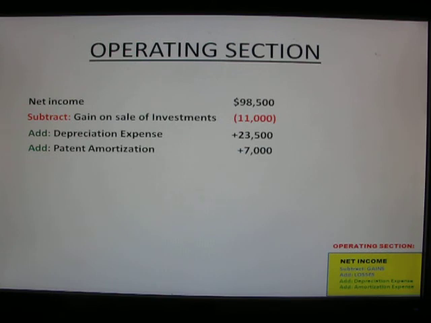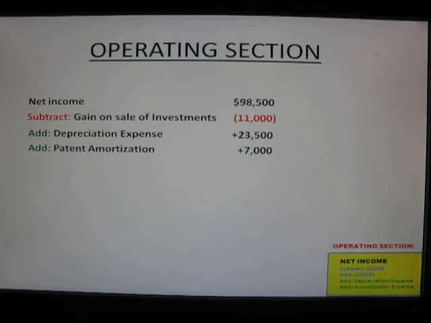We're dealing with cash, so we want to negate any gains or losses, zero it out, so that we can pick up the cash in the other sections, generally the investing section, where we're going to pick up cash from transactions of items that are sold. So since we had a gain of $11,000, we're going to subtract it. Had we had a loss, we would have added it.